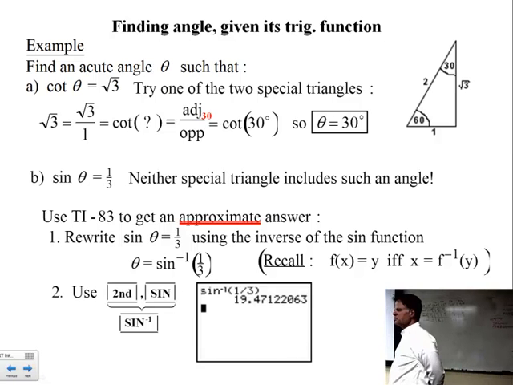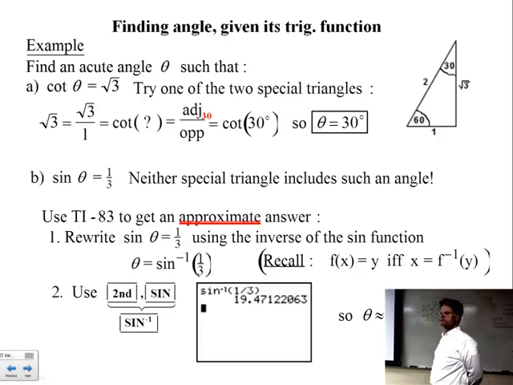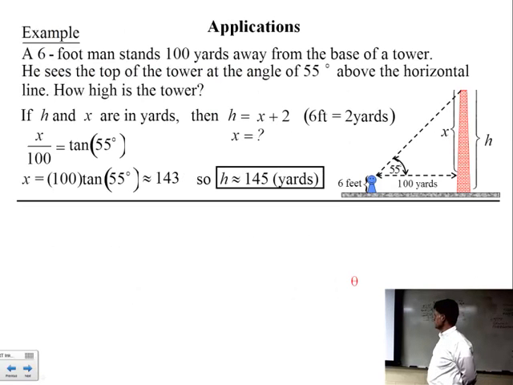If you were in radian mode, you get the angle in radians. So the degree and radian modes also work for the inverse functions. So about 19.47 degrees, or 19.5, rounding to 3 significant digits. All right, questions? That's in degree mode.